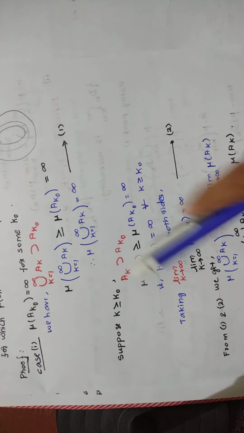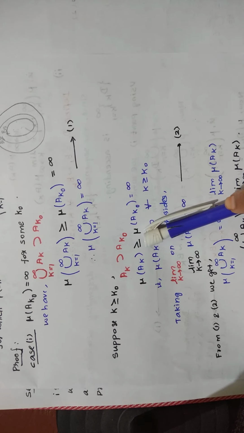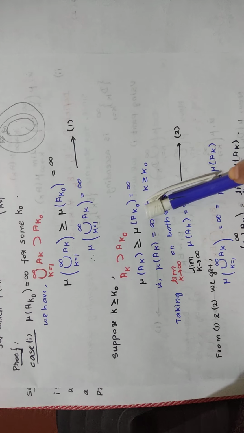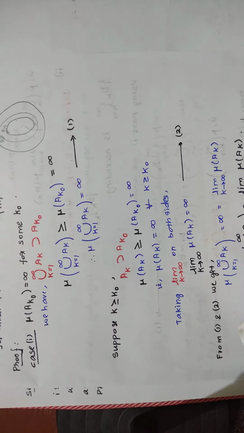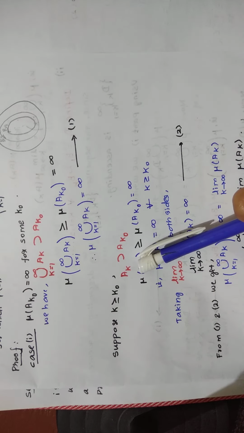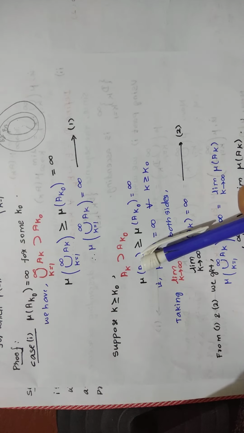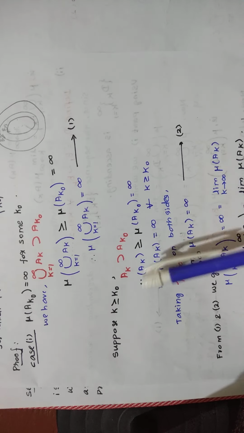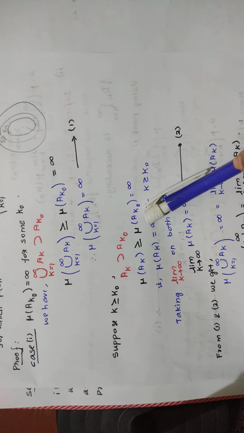Is that clear? Now you are taking the measure of A_k, which will be greater than or equal to the measure of A_k0, because here k is greater than or equal to k0. So k is greater, so A_k is greater. When you take the measure of this greater measurable set, the measure of this will be greater than or equal to the measure of this.